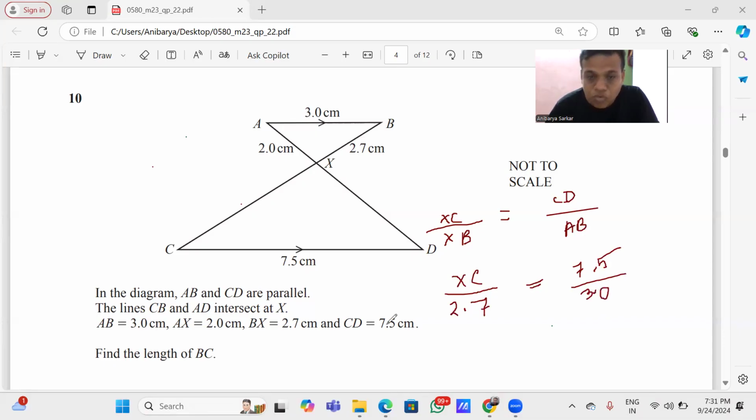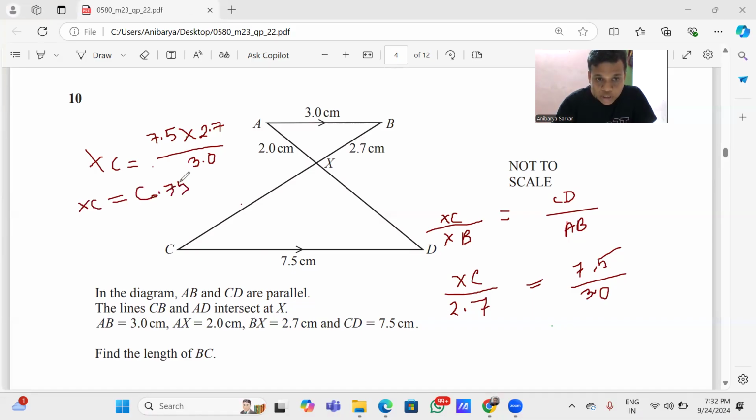The value of XC equals 7.5 multiplied by 2.7, divided by 3.0. Using a calculator, the value is 6.75. X equals 6.75.